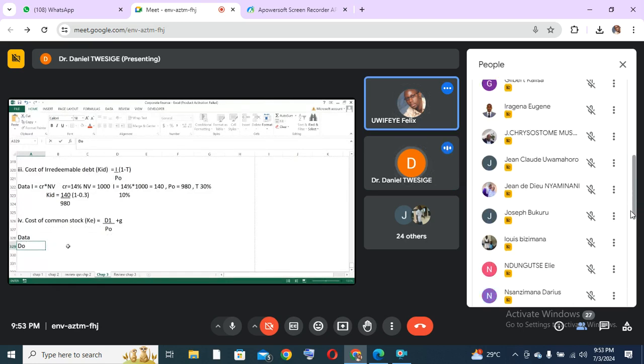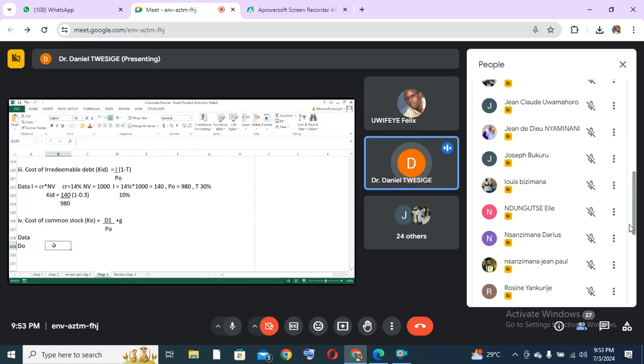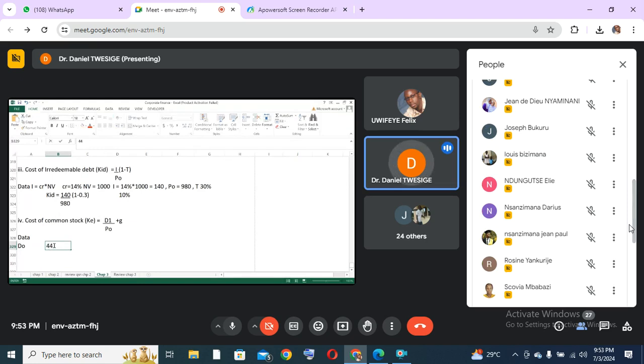We have a dividend, which we call the DN, which was given in 2015. Today is 2023, I think. This is 35.